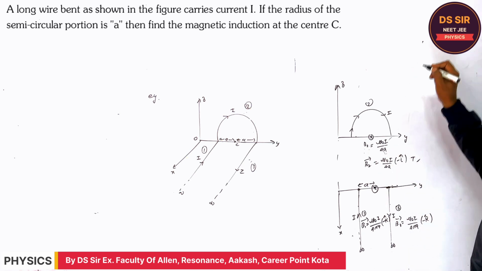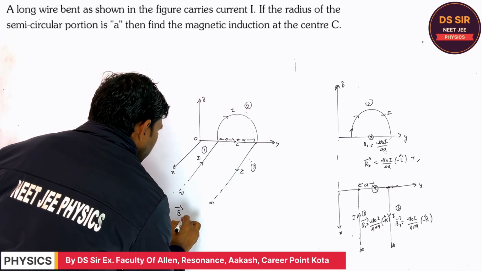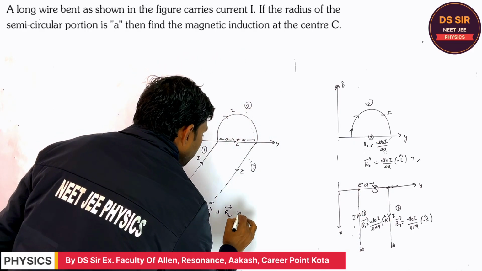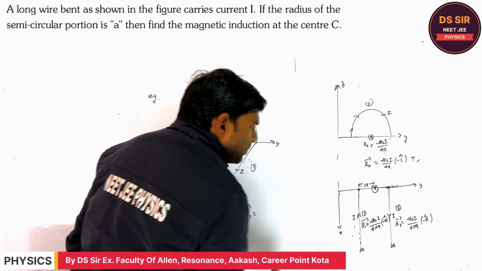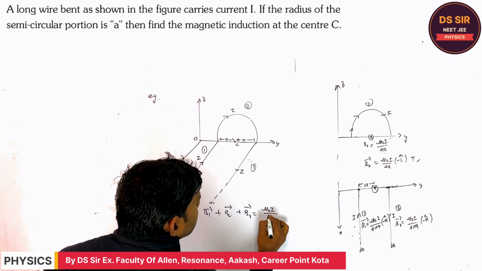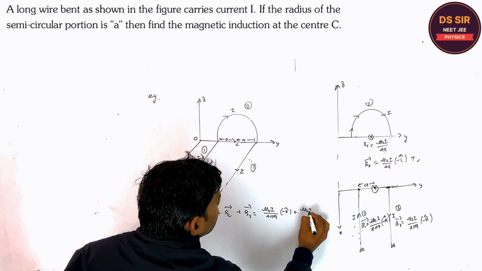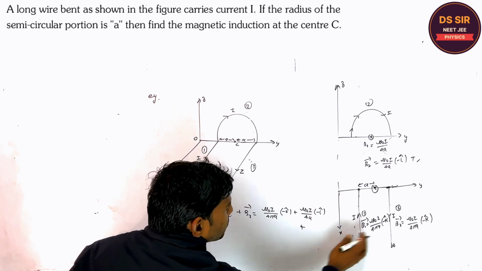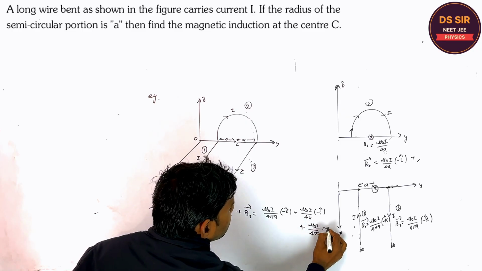So how would you write the total magnetic field at point C? It is equal to B1 vector plus B2 vector plus B3 vector. Getting or not? So B1 and B3 both are equal. Mu naught I upon 4 pi A minus K cap, plus mu naught I upon 4A minus I cap, plus this is the B3, value is mu naught I upon 4 pi A minus K cap.